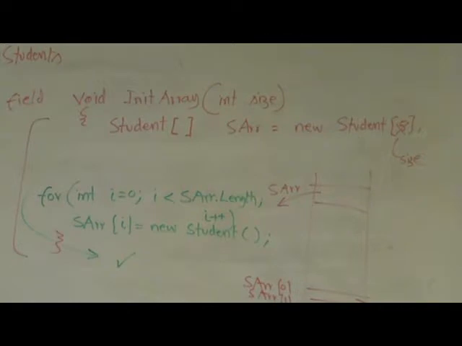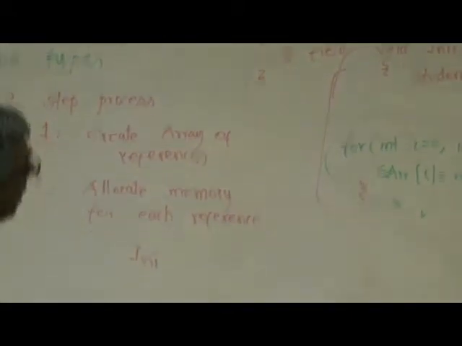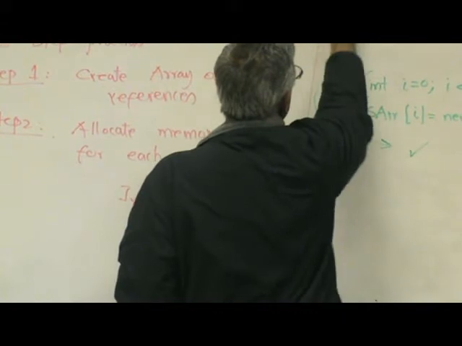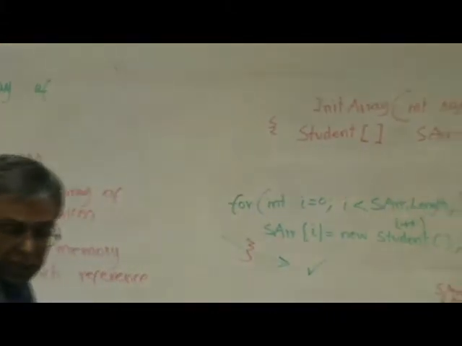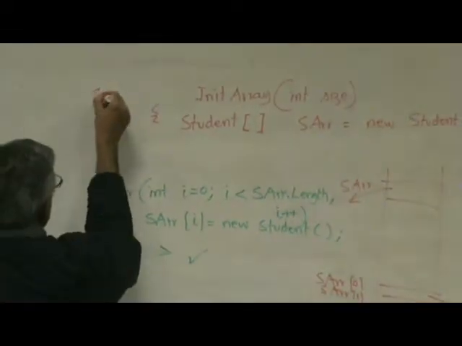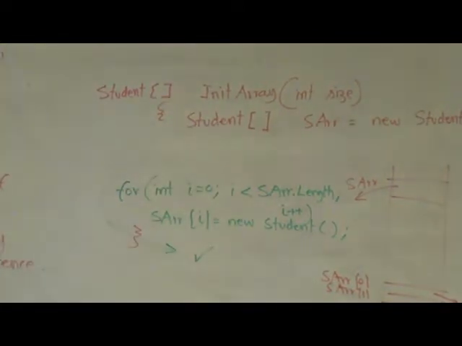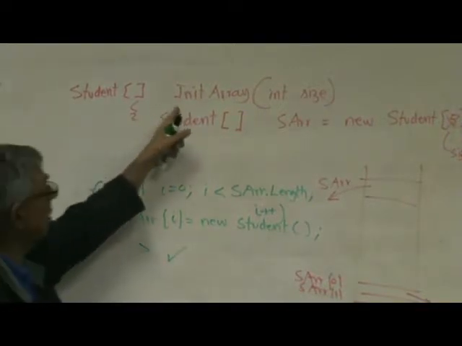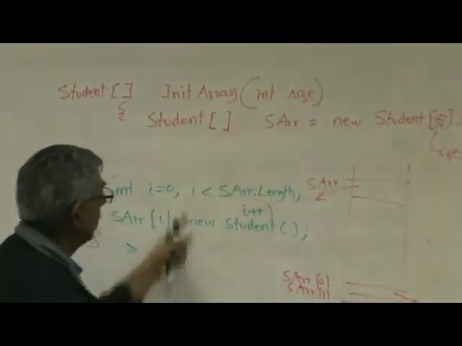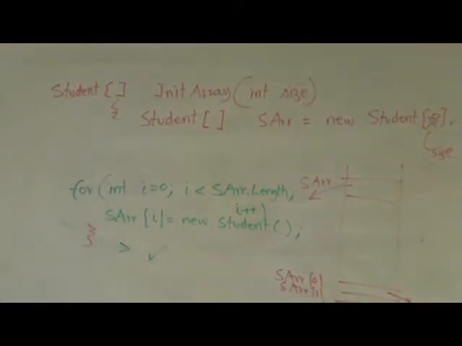So this will be just one method, which if somebody called it, let's say init array, actually it should return, let's do this. It should not return void. It should return an array of students, right? So this is what the method will look like. If somebody calls init array, gives it a 5, this will create an array of 5 students, create the memory, and return the reference to it, correct?